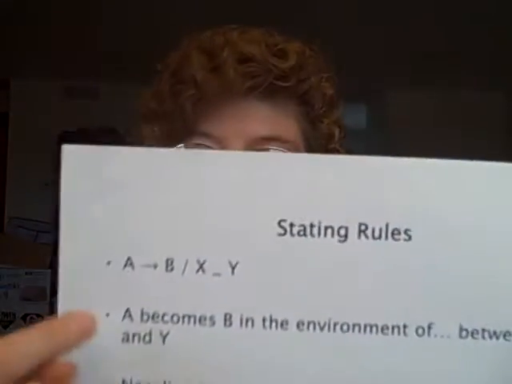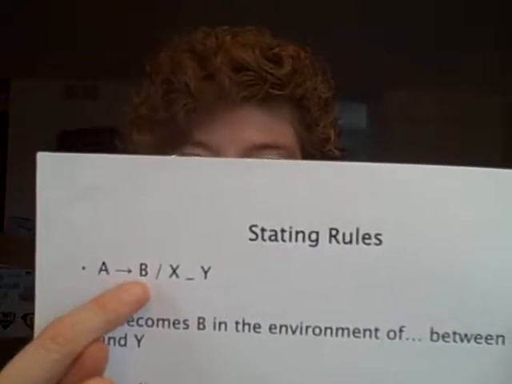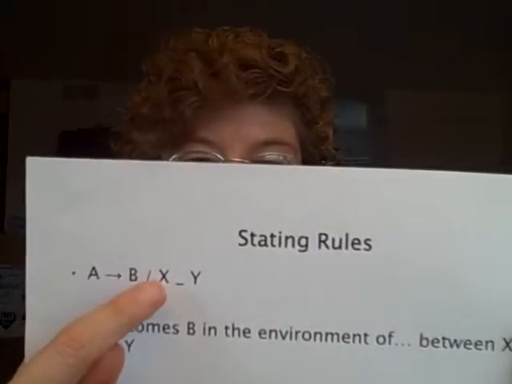Now, when you're stating the rules, you use a kind of code, and you can say sound A becomes B between X and Y. I'm going to show this to you. A becomes B in the environment between X and Y. So think of the nasalization rules. When a nasal is close to a vowel, the vowel becomes nasalized.